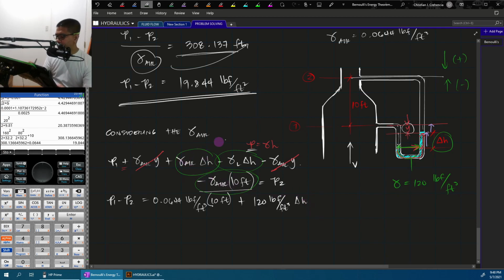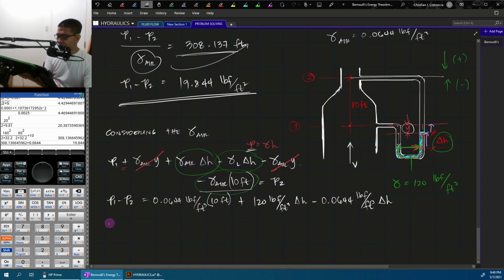So, pag transpose natin sa kabilang side, magiging minus unit weight ng air, 0.0644 pound force per cubic foot, multiplied by delta H. Okay? So, I guess nalipat na natin lahat.